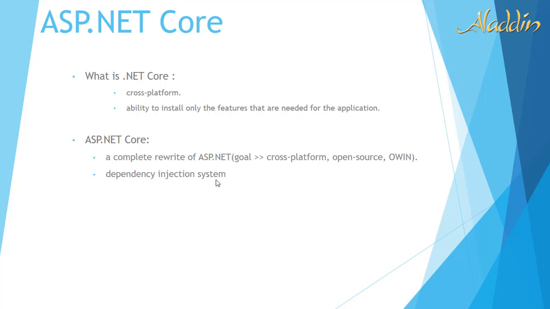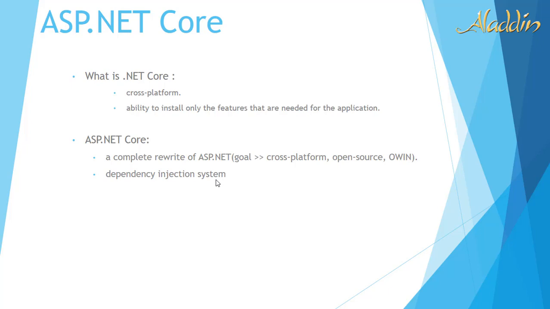I think this is one of the main features Microsoft gives us, because everyone knows Linux server hosting is cheaper than Windows, so it is better for us. We know ASP.NET is a strong language, and now we can install it on Linux. So .NET Core gives us the ability to use this feature.